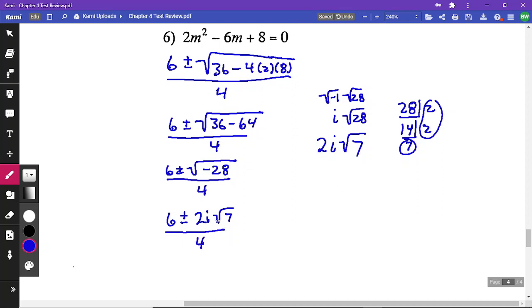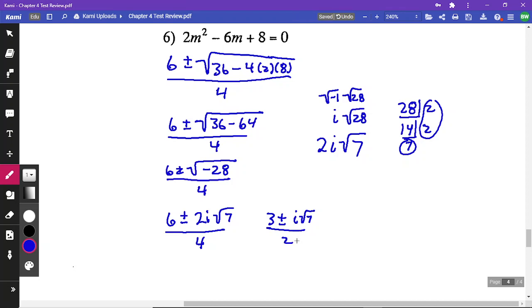We do have to simplify that because there is a number that divides into all 3. We got 6, we got 2, we got 4. 2 goes into all of those. So the 6 divided by 2 is 3. 2 divided by 2 is just 1. We could write 1i square root of 7, or just i times the square root of 7. And 4 divided by 2 is 2. So that's the denominator.